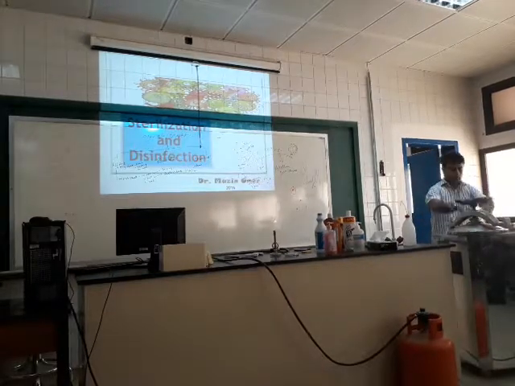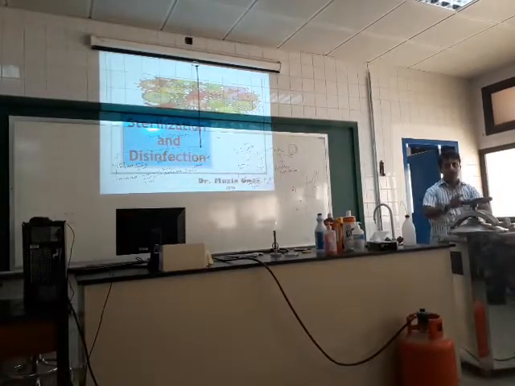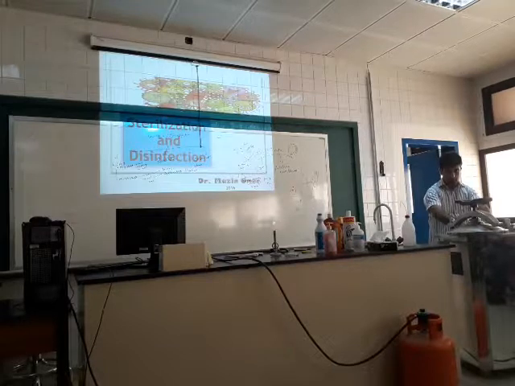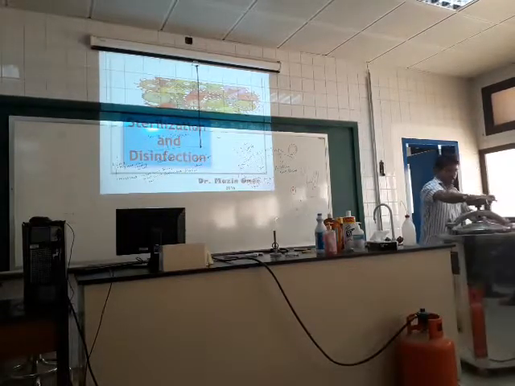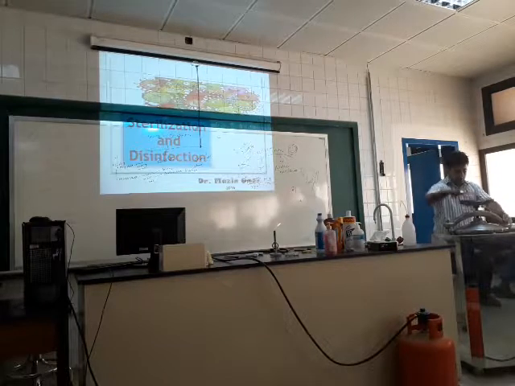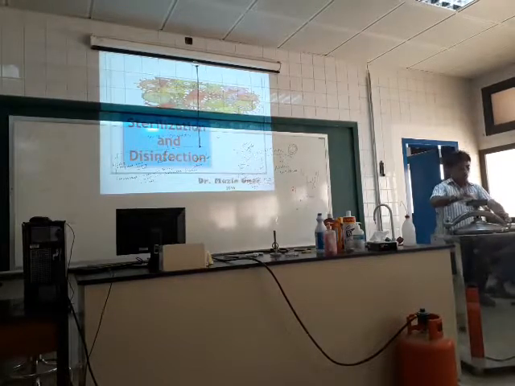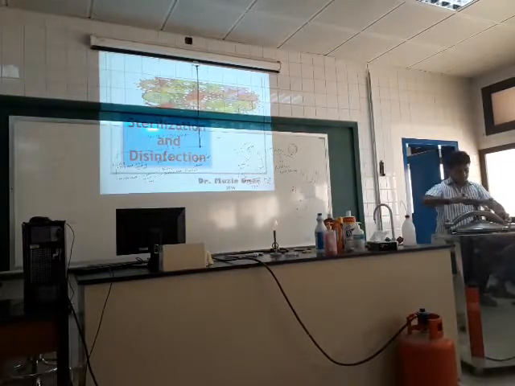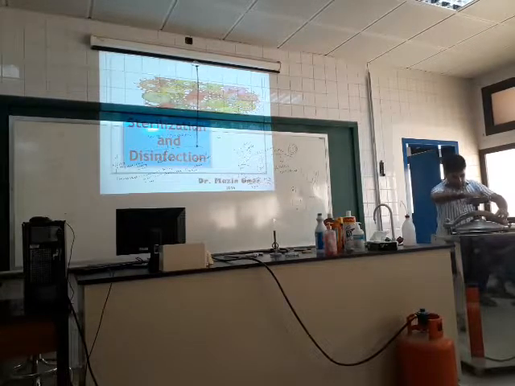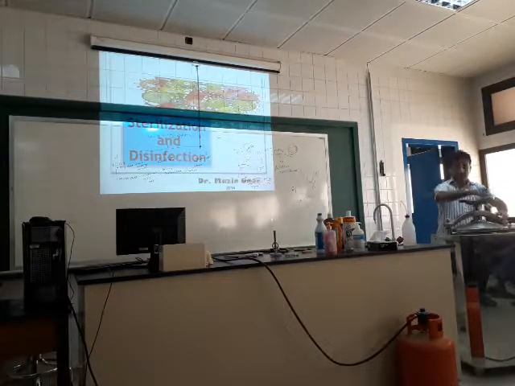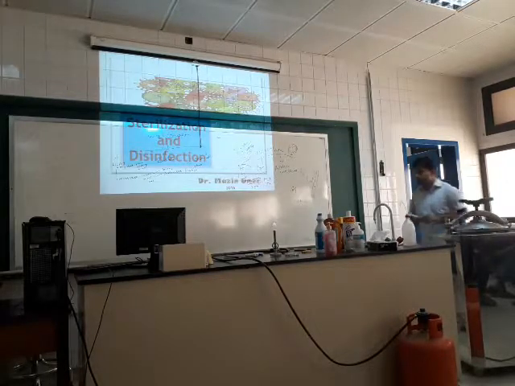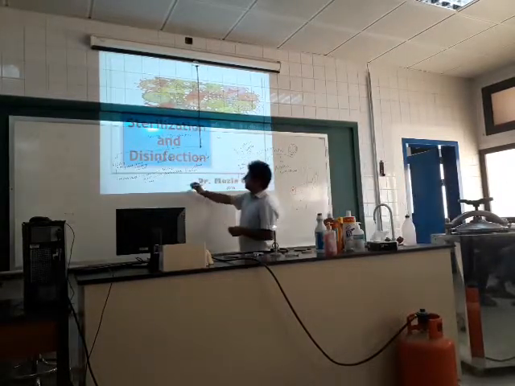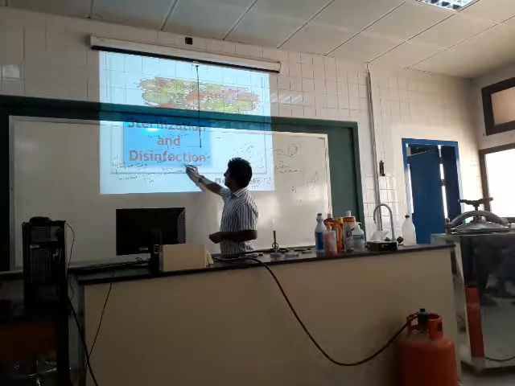What you do, you put a certain level of water inside this machine. You close the lid like this, and then you fix the temperature above 100. You fix the temperature at 121 degrees Celsius.